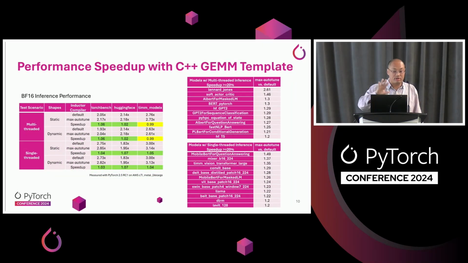So this slide shows the performance speedup with the CPP GEMM template versus the default compilation mode.